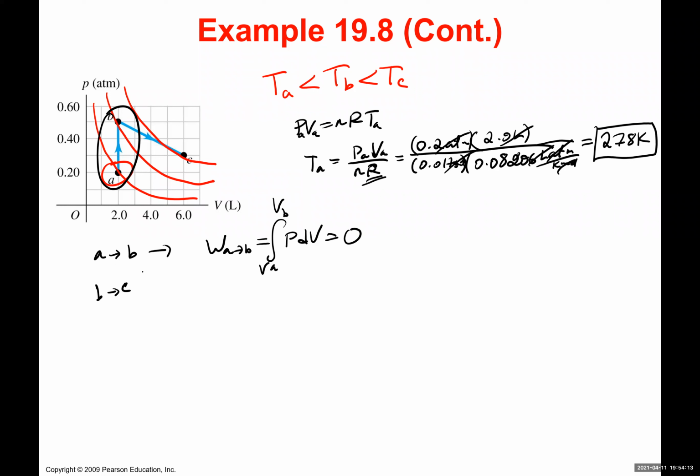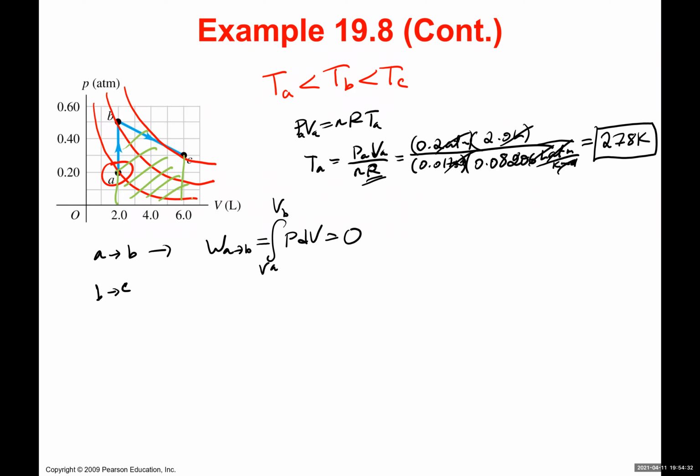B to C. Well, let's see, what do we have? It's neither isothermal, adiabatic, nor isovolumetric. So one way we can do that is if we find the area under this graph.